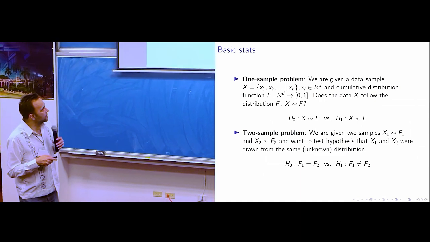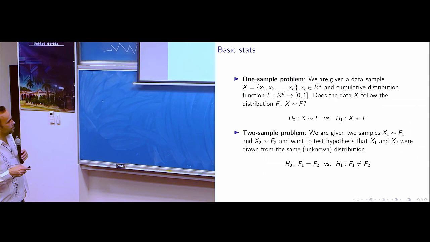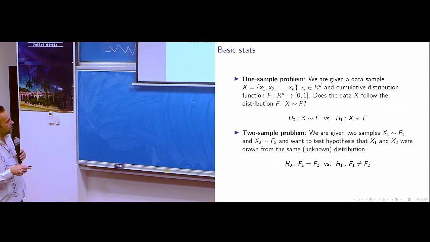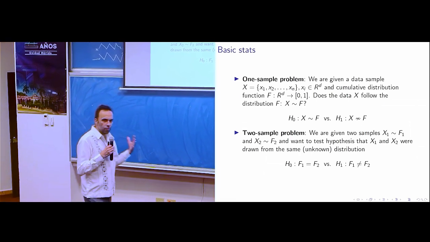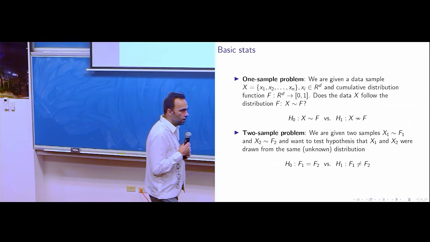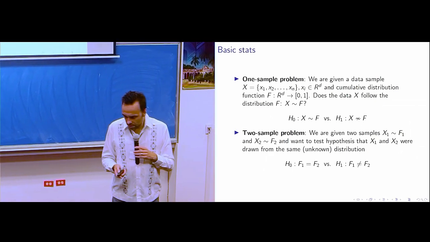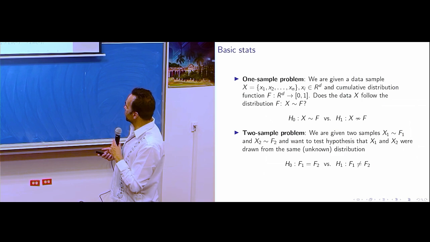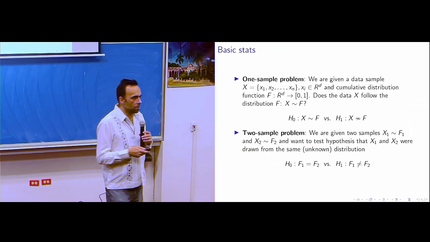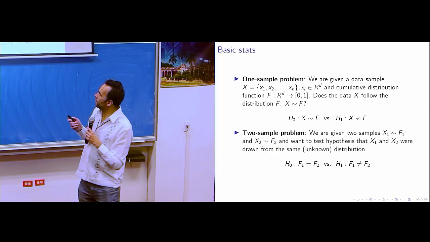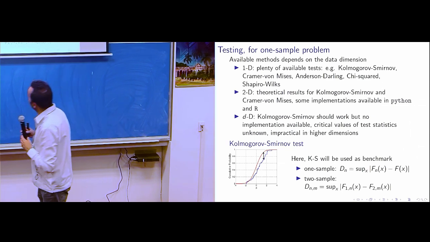In the two sample test, it's similar, but we don't have a cumulative distribution function; we have two finite samples from two different distributions, and we are asking whether those two distributions are equal or not, based on the finite samples. If you are ever solving this type of problem, the availability of tools really depends on d. From what I know, if d is low, say equal to 1, it's a very standard problem.